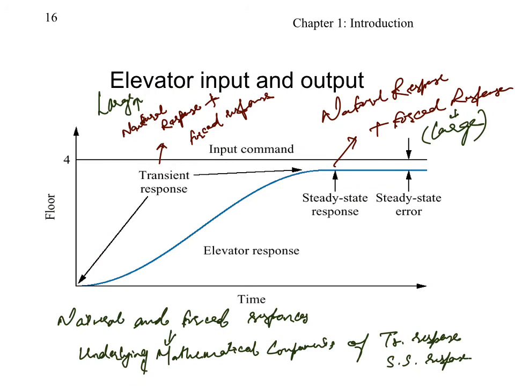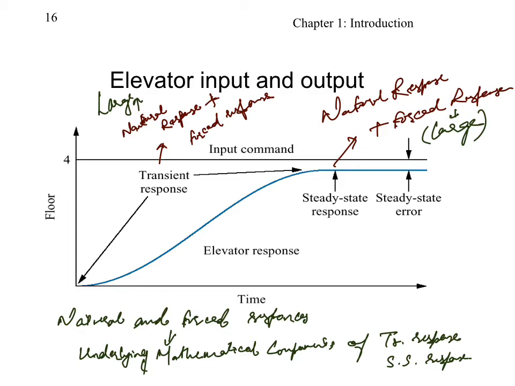You may be confused with the words transient versus natural and steady state versus forced. The natural and forced responses are the underlying mathematical components of these responses. You will see that the transient and steady state portions are indicated in this graph, the graph of an elevator.